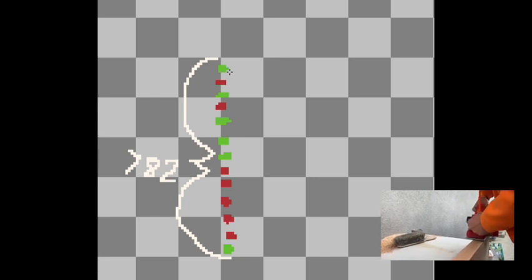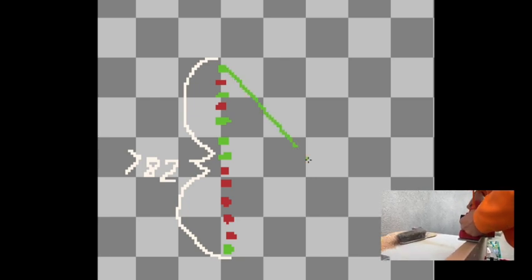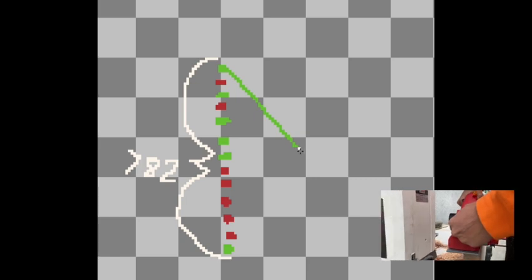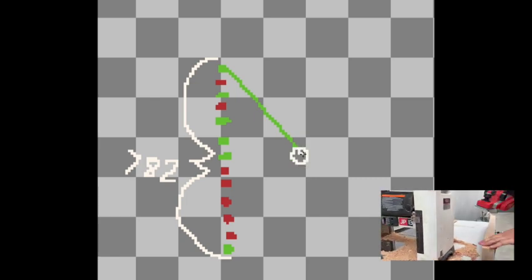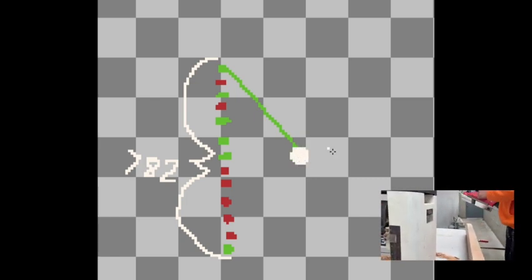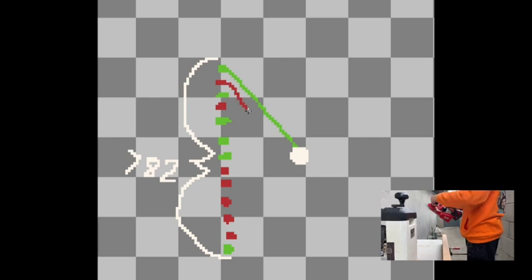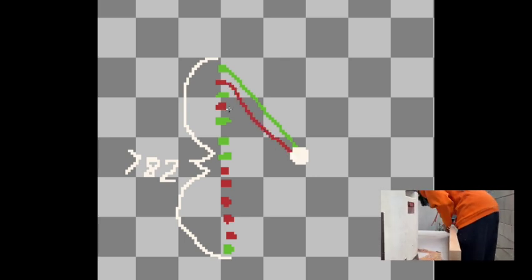Right here, we're showing a neural network with weights being connected positively and negatively with red and green lines.